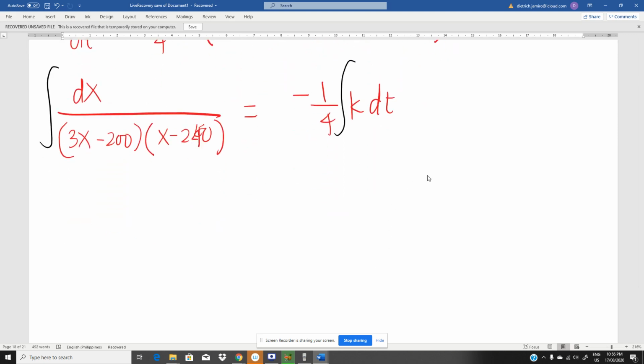On this side of the integral, we will use partial fraction decomposition to integrate our integral. On the right side, it's already integrable.